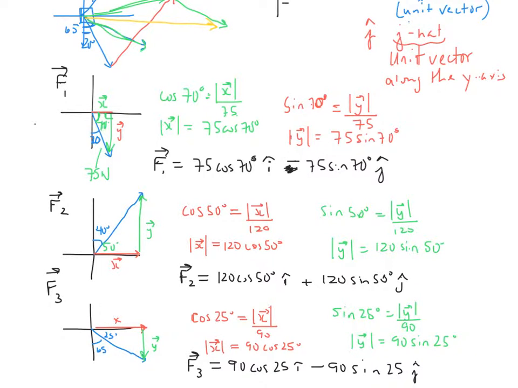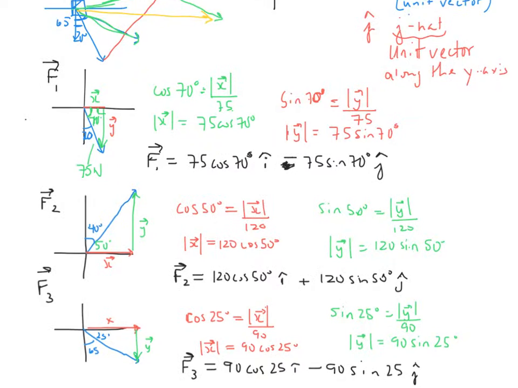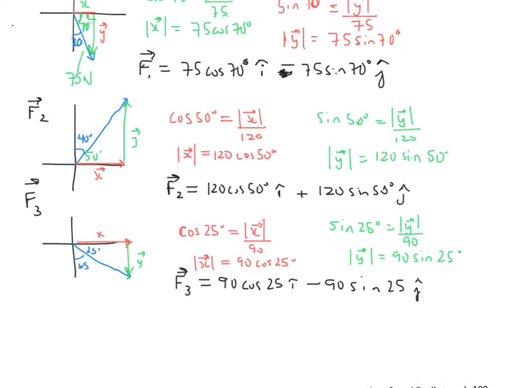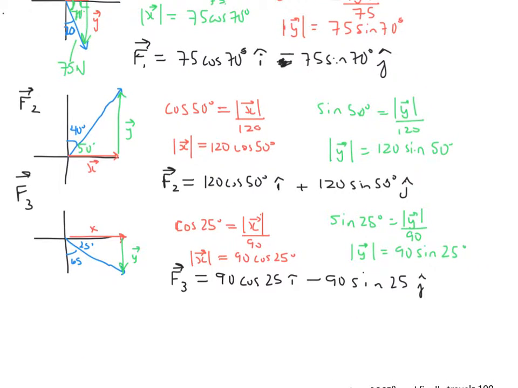Now what we want to do is add these three vectors together to get the resultant. So I'm just going to write out the three vectors. Cos 70 degrees i minus 75 sine 70 degrees, and then we've got our j hat.